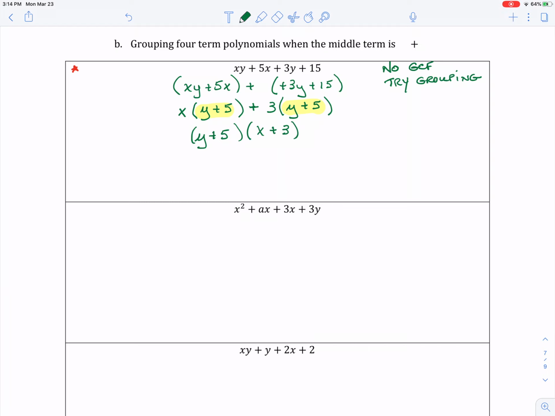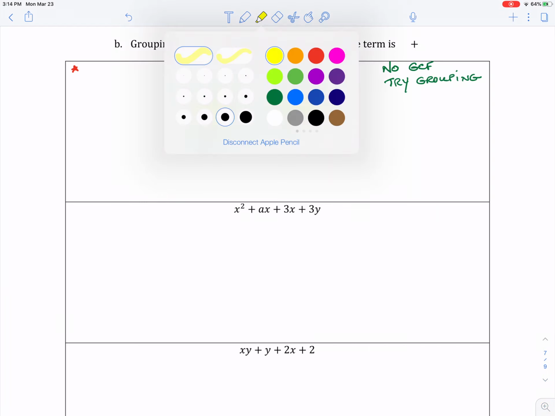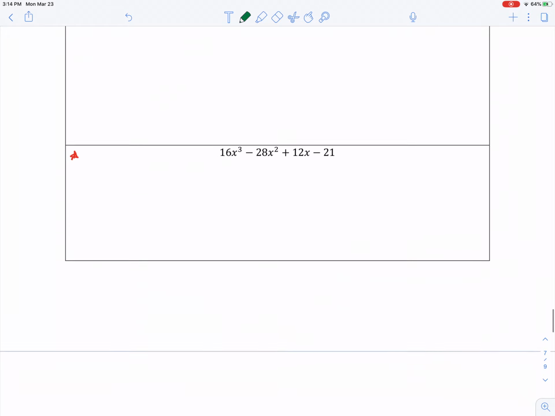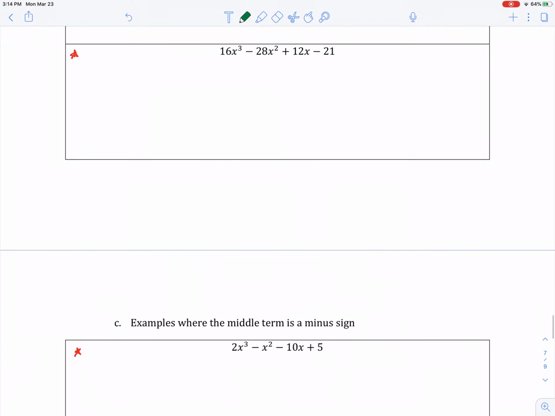And the x plus 3, which remain, are the pieces that go into the second parentheses. And sometimes students ask me, is it okay if I write it in the opposite order? And of course it's fine, because multiplication is commutative, which means you can turn the order around and still get the same result. So I'm going to scroll down and try another one here that's a little more complicated.